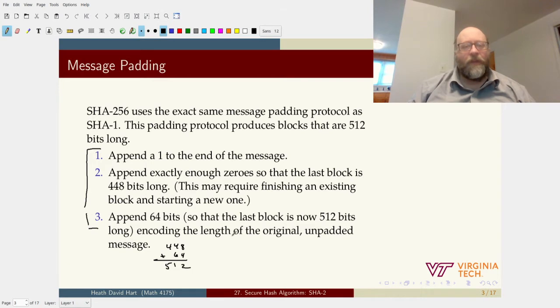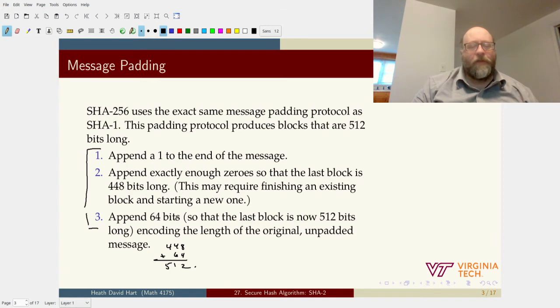And these new 64 bits encode the length of the original unpadded message. And so the length is incorporated into the block.